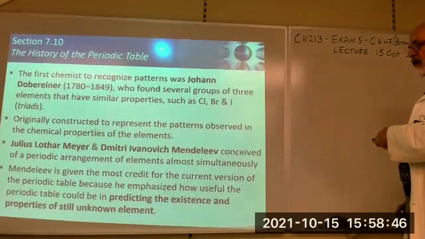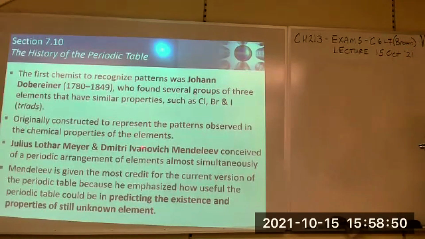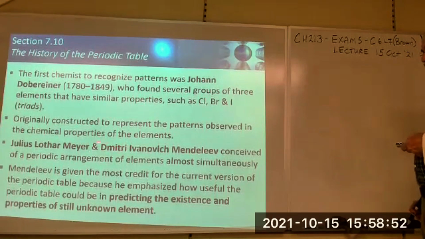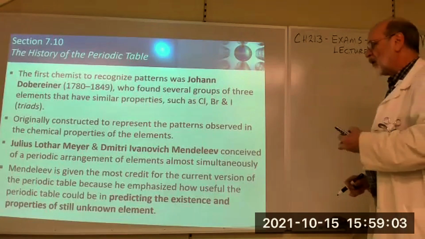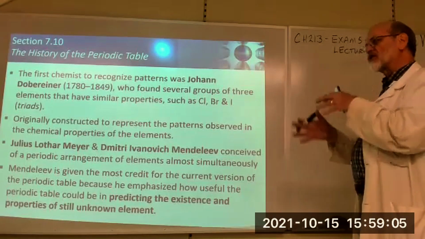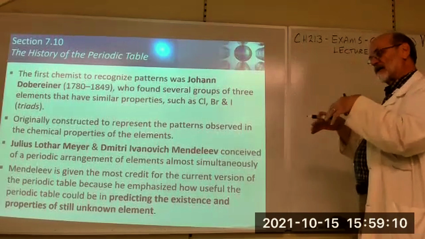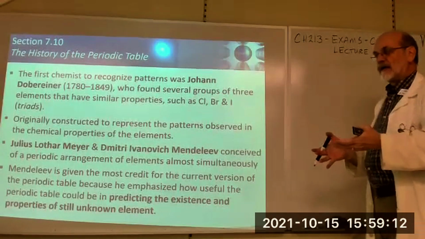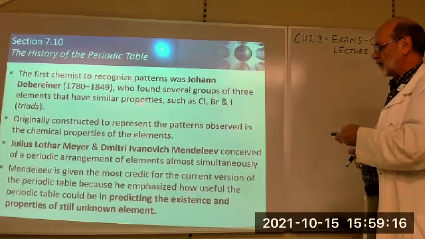And there were other triads. Then, at nearly the same point in history, Julius Lothar Meyer and Dmitri Mendeleev proposed a structuring and positioning of the elements in tabular form that took into account these physical and chemical properties.